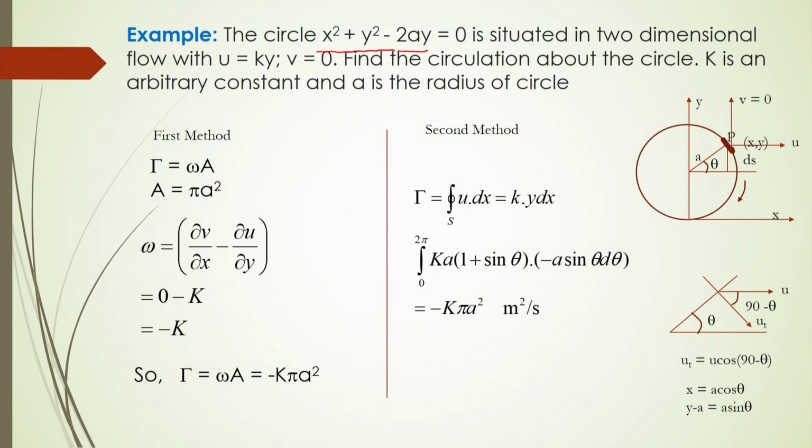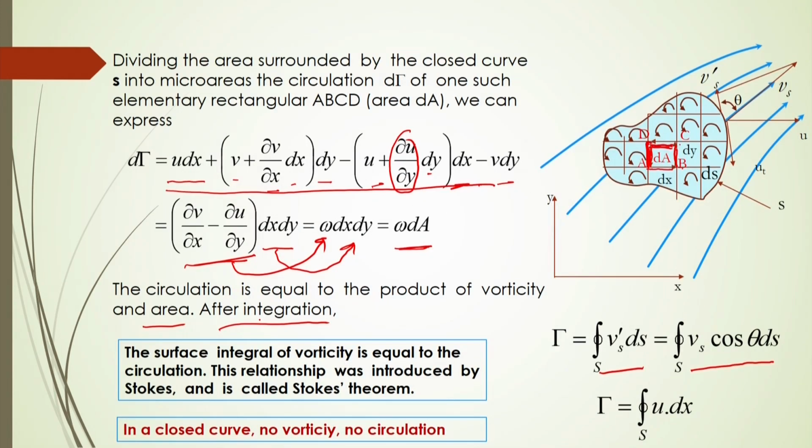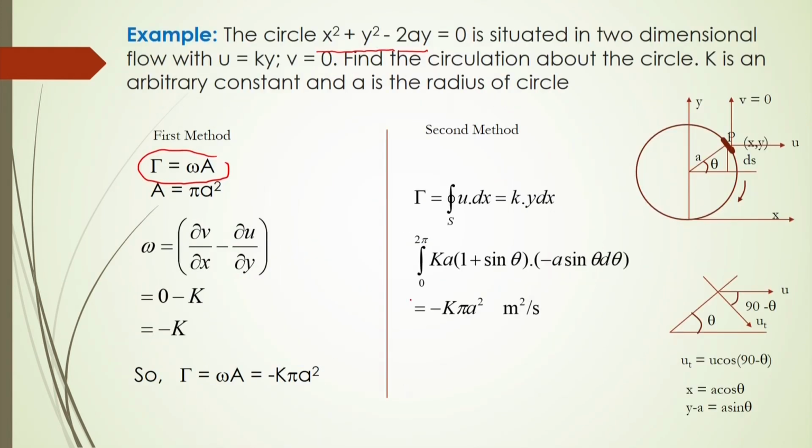As per theory, gamma is vorticity into area, and the area is pi a square since it is a circle, and omega is the vorticity, ∂v/∂x minus ∂u/∂y. Here ∂v/∂x is 0, because u is equal to ky, so there is no change of velocity in the x direction.